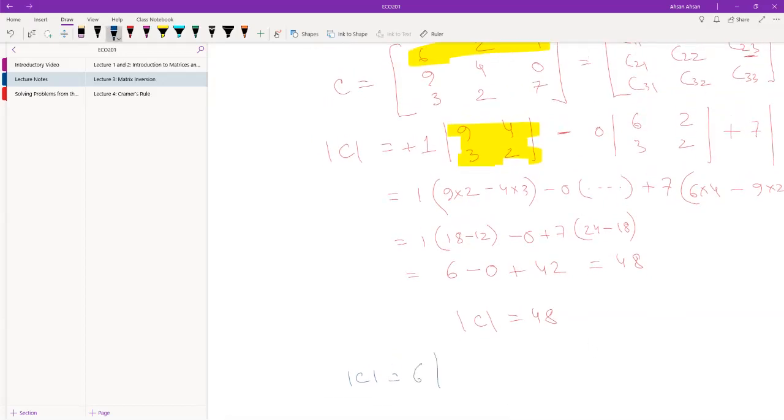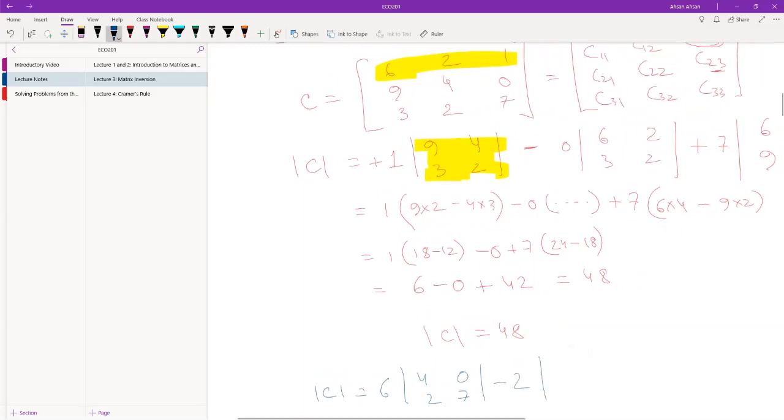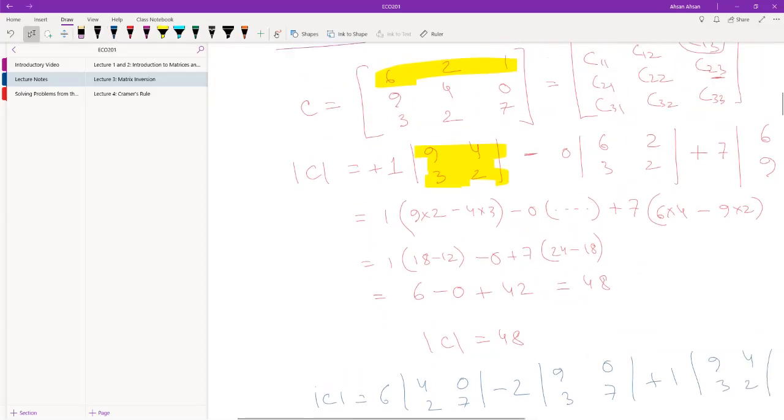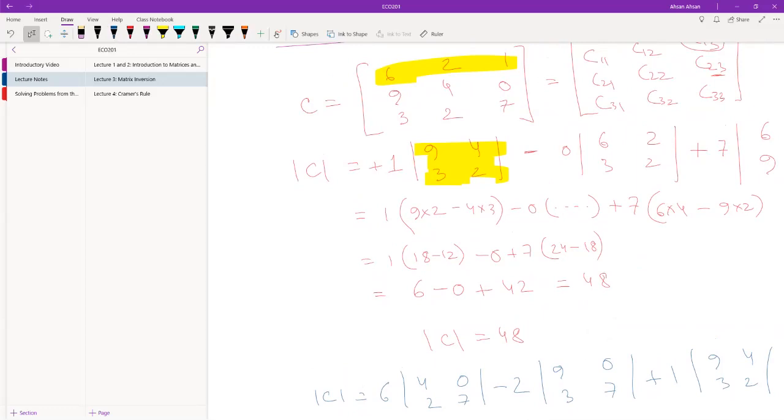So 6, but what do we have here? 4027, minus 2, 9037, plus 1, 9432. I'm just going to recheck my work, make sure I've got this correctly. 4027, 9037, 1, 9432.